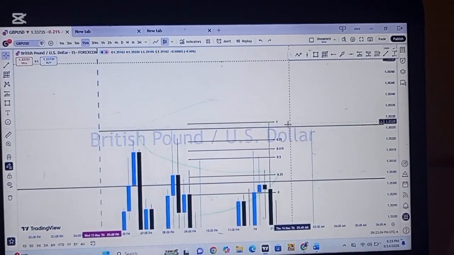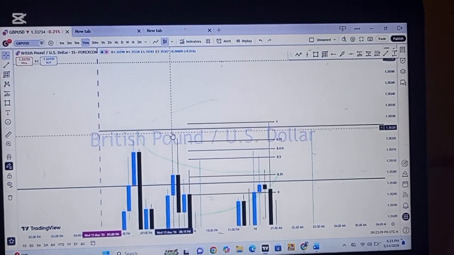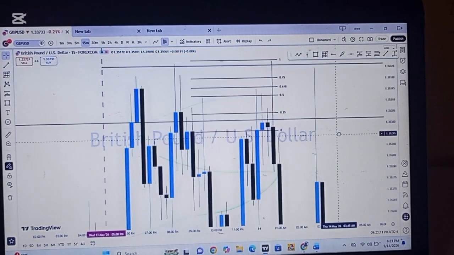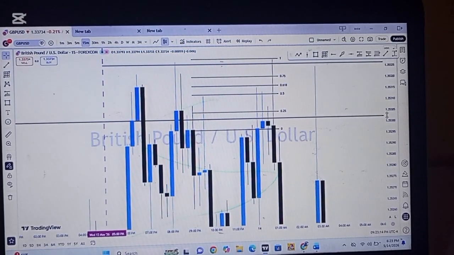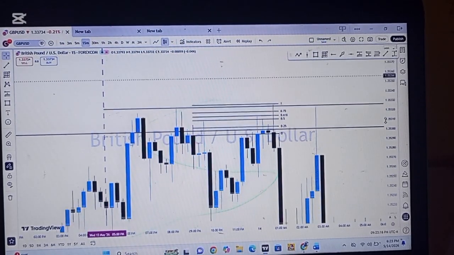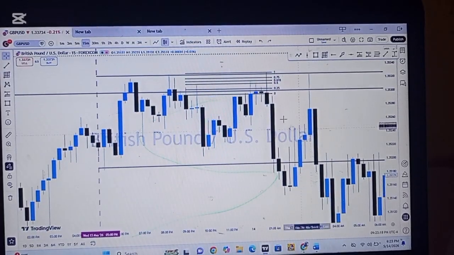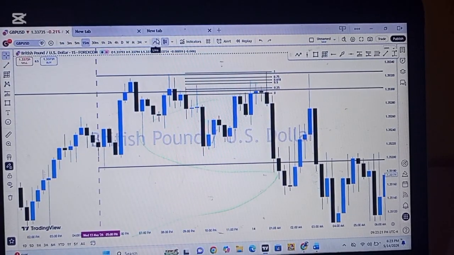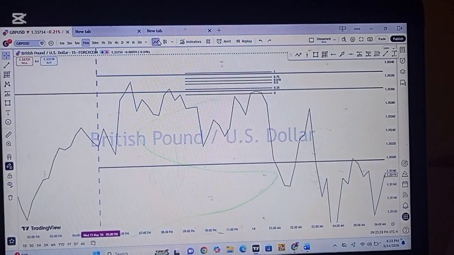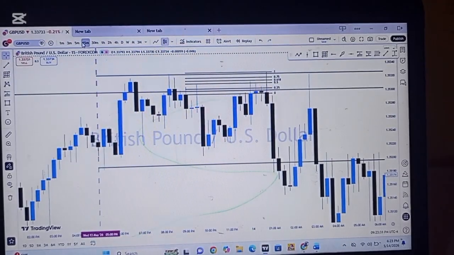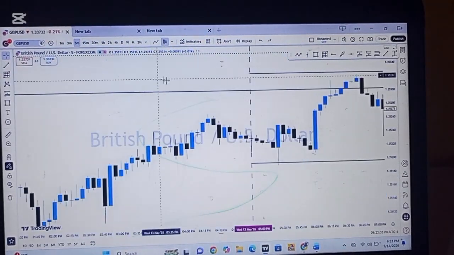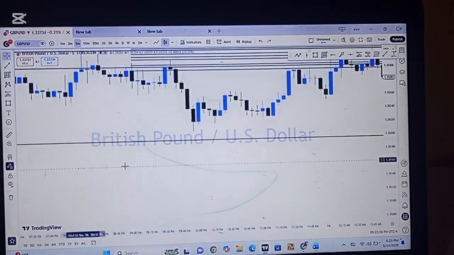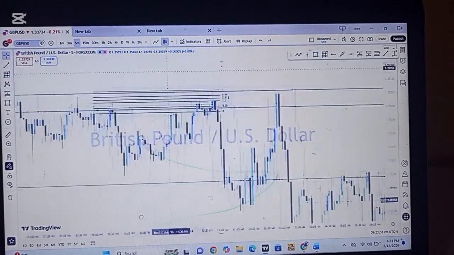You can see there's a sweep of liquidity, and you can enter with model 1. This is where model 1 is. But we will not enter with model 1 here. Model 1, you'll enter on the lower time frame, like 5 minutes.